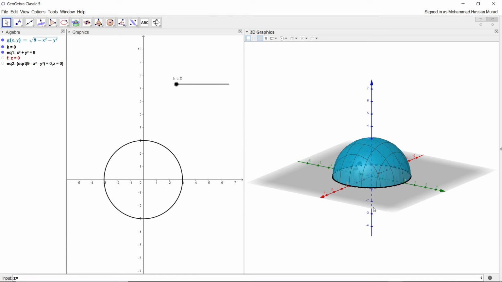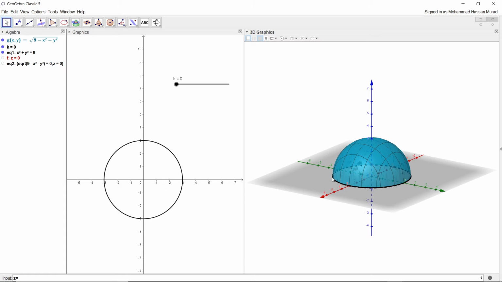So the half sphere we see here is the graph of the function g of x, y equals the square root of the quantity 9 minus x squared minus y squared.